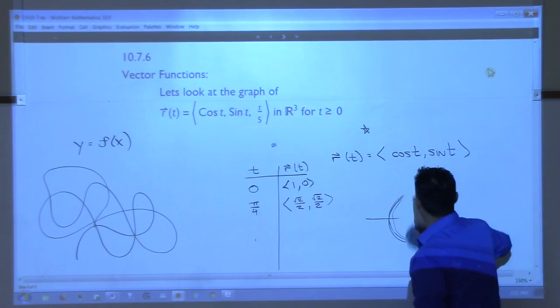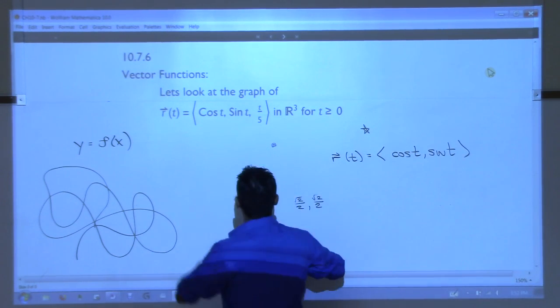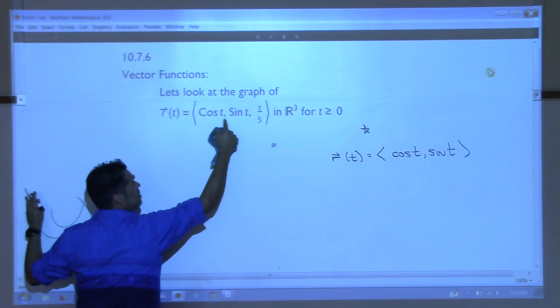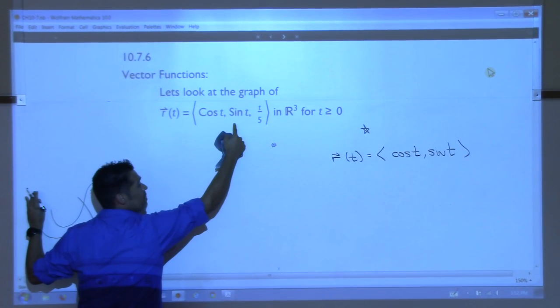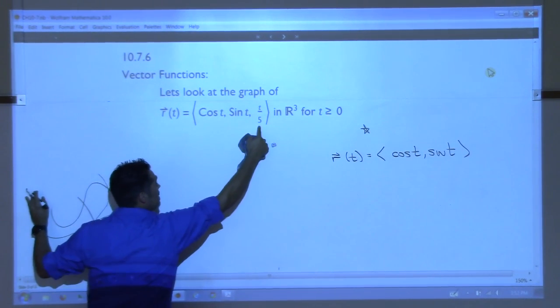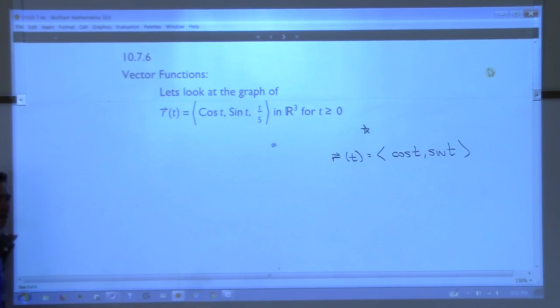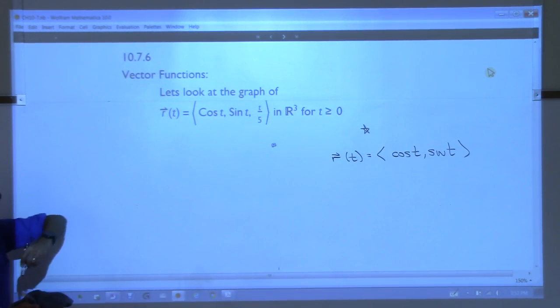So what happens if I do that here? I start drawing circles in the x and y components of the curve, but my z component is just linear. So now you're trying to draw these circles, right? In the xy plane, you're trying to draw circles, but your z is doing what?